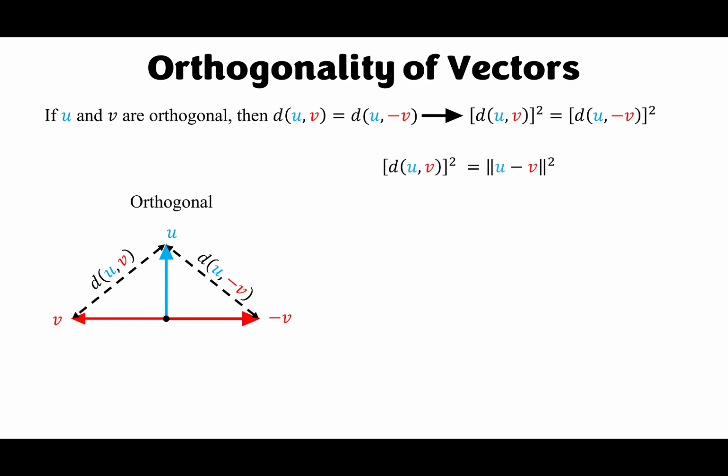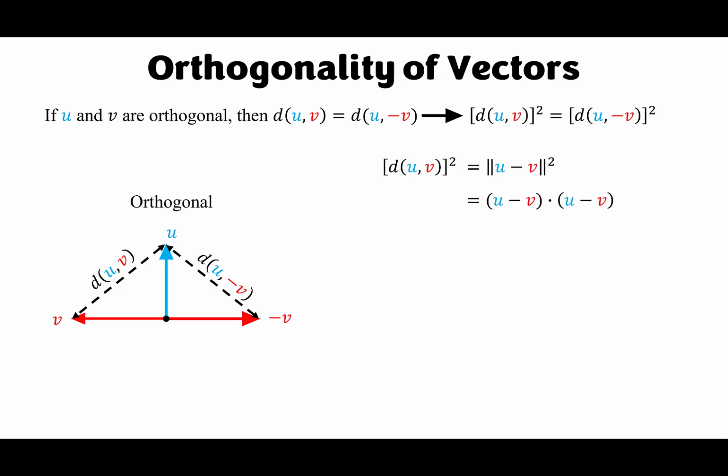That's defined as the length of u minus v. But since we're finding the squared distance, we have to square that length, right? So remember, we just defined the distance between u and v to be u minus v, and then the norm of that. Now we're squaring the distance, so we got to square that norm. All right, and then what we can do is write what that calculation would be, right?